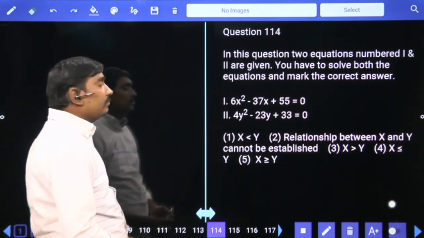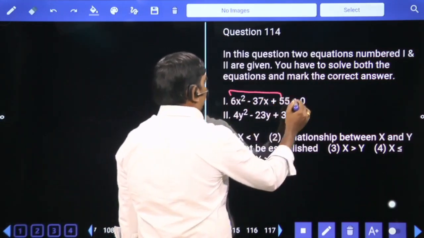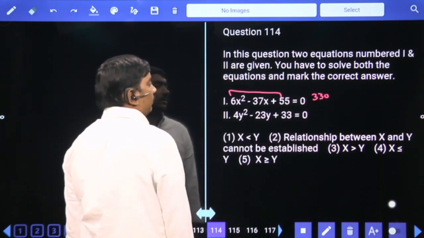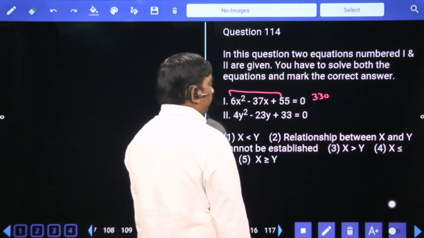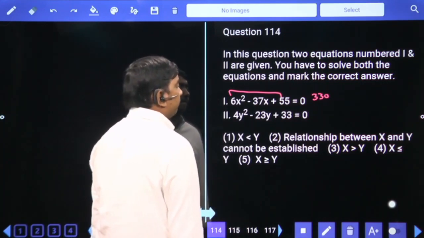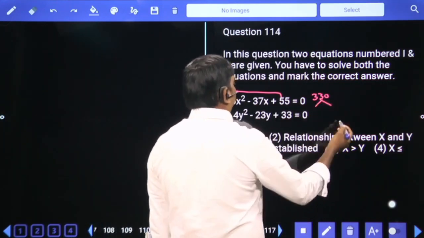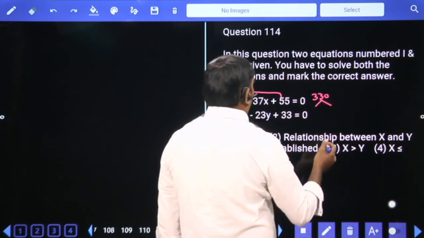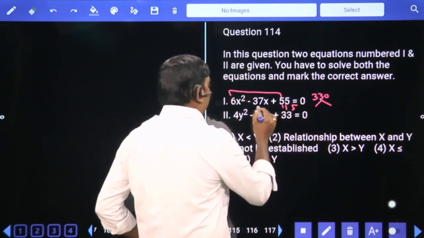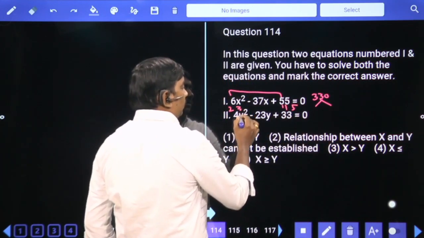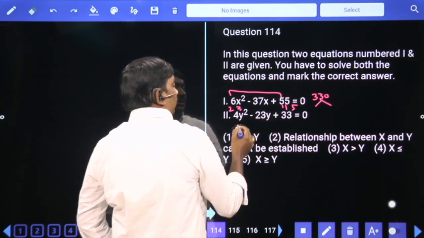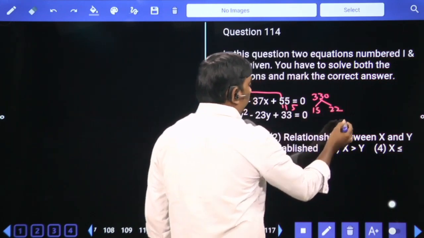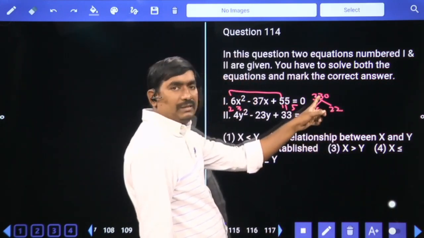Next. 55 6s are 330. We need to get 37 if you add. 3 5s are 15 and 22; 15 22s are also 330.